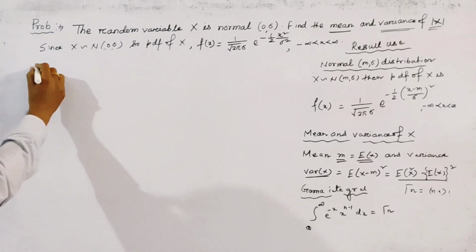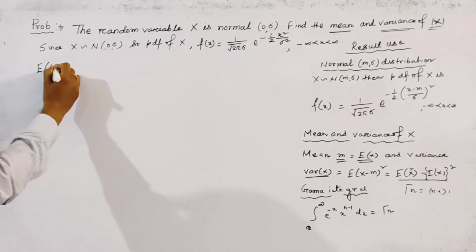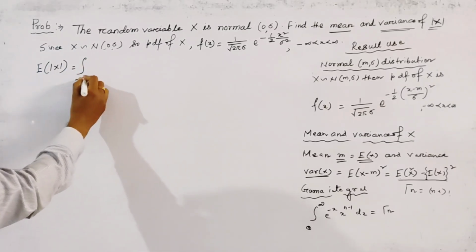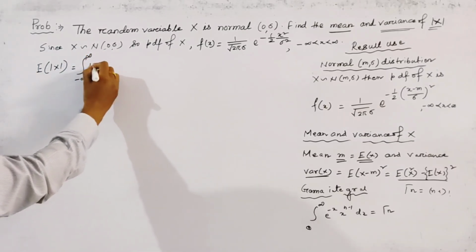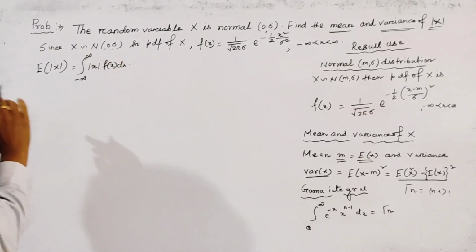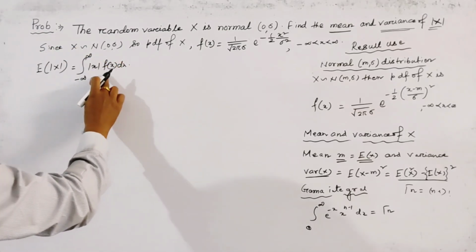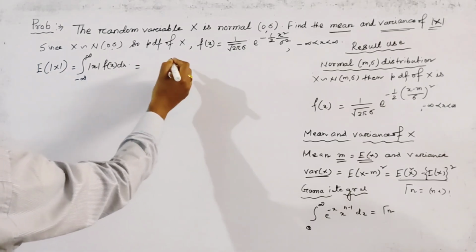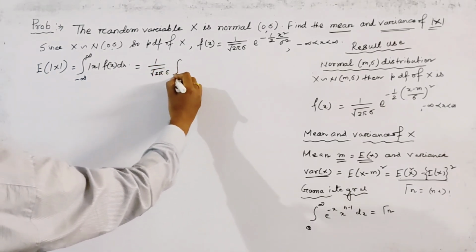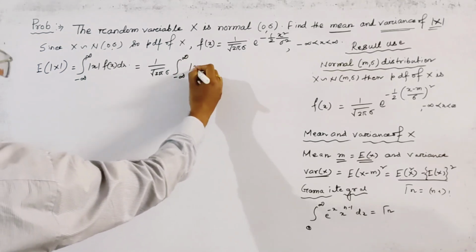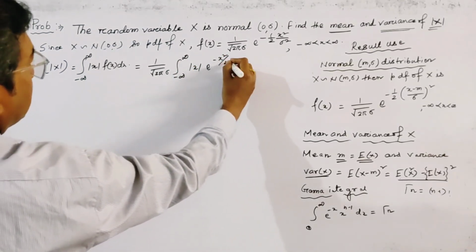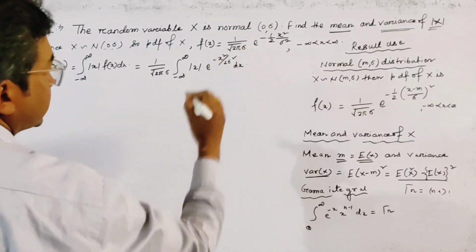So the mean of x means expectation of mod x, which is given by integration from minus infinity to infinity of mod x into f(x) dx. This is the definition of expectation, and we put the value of f(x) from here and write 1 by root 2 pi sigma integration minus infinity to infinity mod x into e to the power minus x square by 2 sigma square dx.